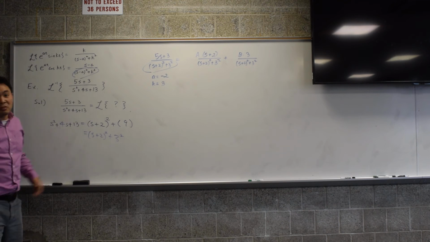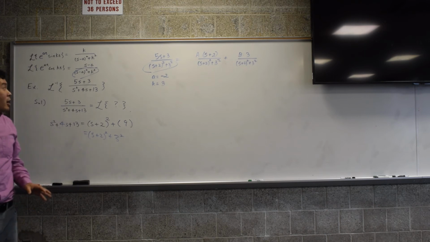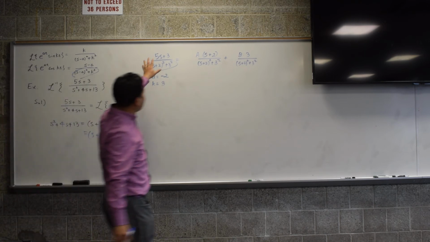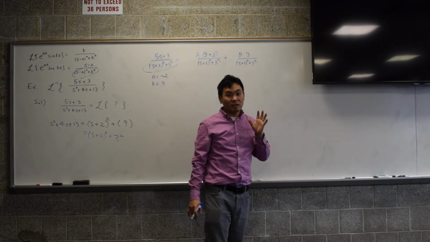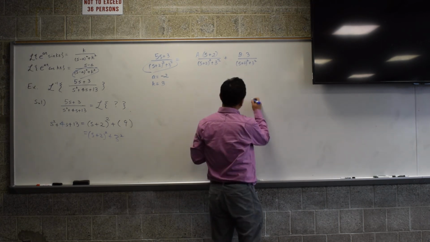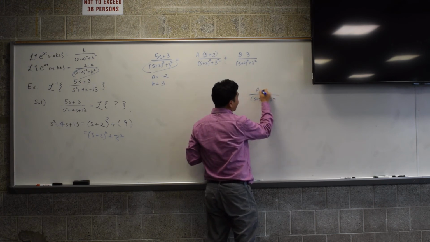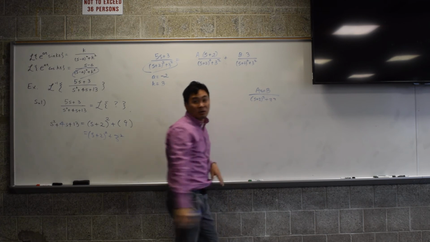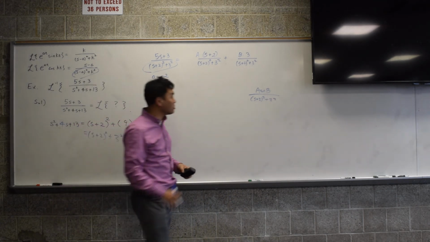And the reason I'm separating this and giving you this as a separate example is because the way we're splitting this is somewhat different from the way we learned it for integrating. For integrating, we simply learned to do it like (s + 2)² + 3², and then you put as plus b, right? That's how we learned it when we were doing this partial fraction expansion in Calc 2.